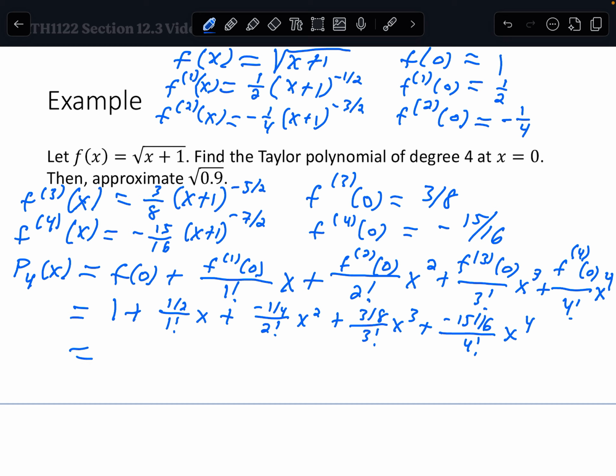So we could simplify this a little bit further to make it easier when we do the approximation.